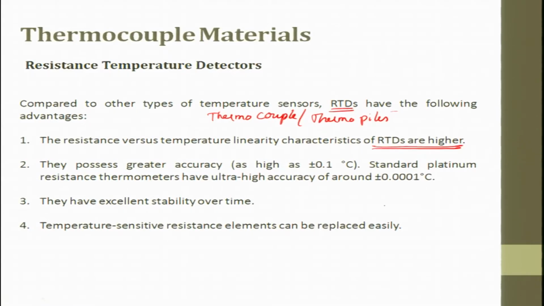See, when you try to choose any sensor, we always make sure that the response falls in the linear range. Why? A mathematical equation can be expressed only for that, so we always try to operate the sensor in the linear range, or we find out the linear range and try to use it only within that range. The resistance versus temperature linearity characteristics of RTD are higher.